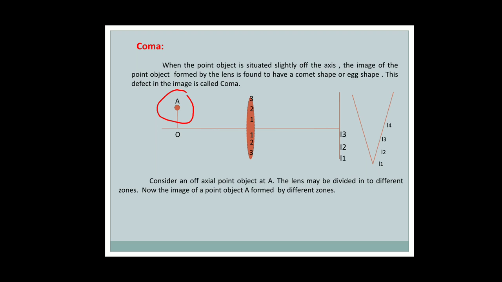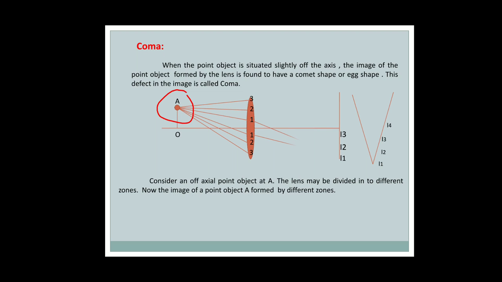Then the rays will move and be incident on the convex lens. We know a convex lens can be divided into different circular zones. These rays pass through the different zones and form an image on the screen. 1 1, 2 2, 3 3, and 4 4, etc. are the circular zones of the lens.